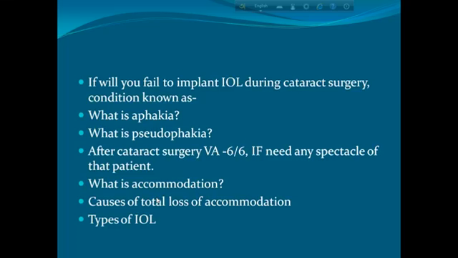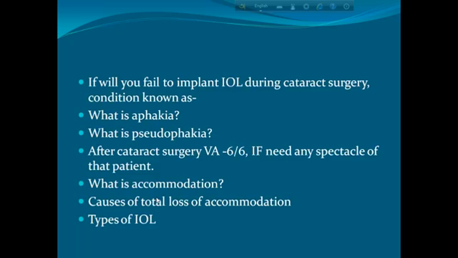Another question to you: suppose after cataract surgery, visual acuity is 6 by 6. That means 100% normal vision. Does that patient need any spectacle? Suppose in this scenario, before cataract surgery the patient's vision was hand movement, very poor.